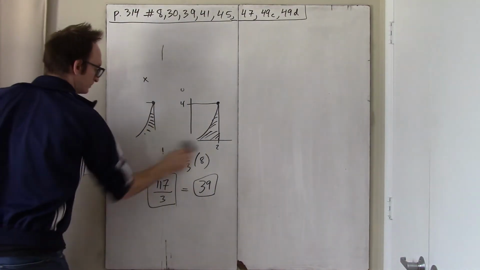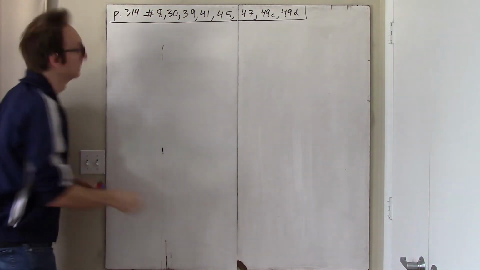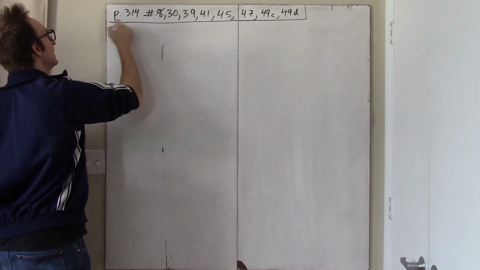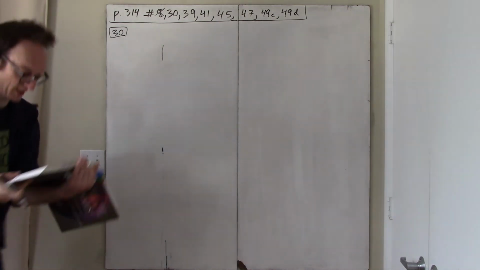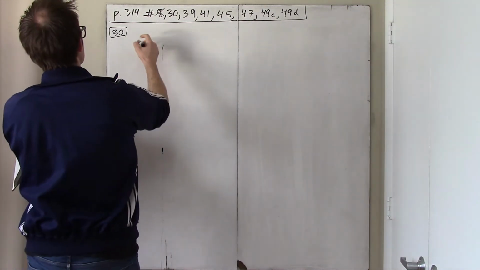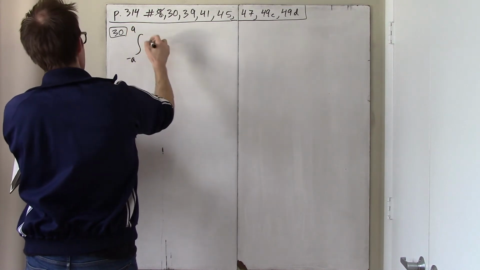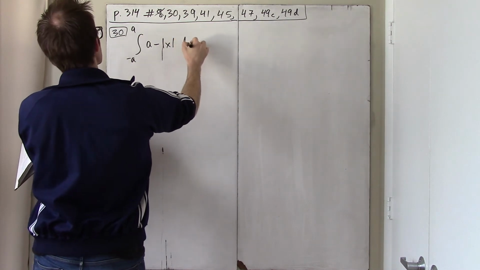Yeah, that was 8. The rest of this homework involves a lot of thinking and drawing pictures, but not algebra so much. So 30 says, what's the integral from negative a to a of a minus absolute value of x dx?